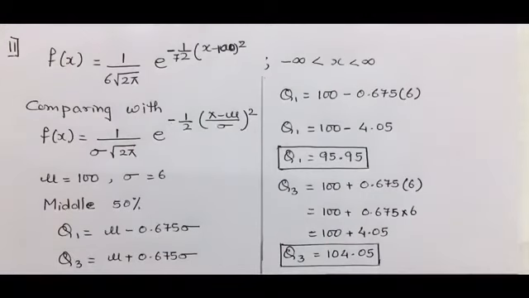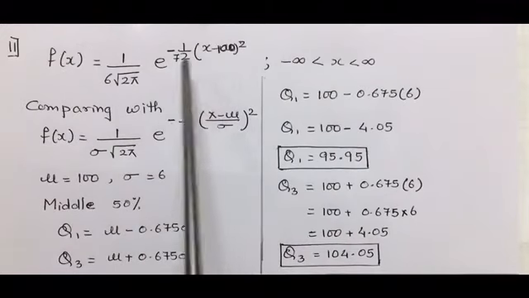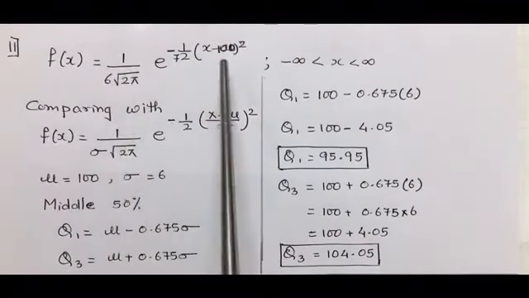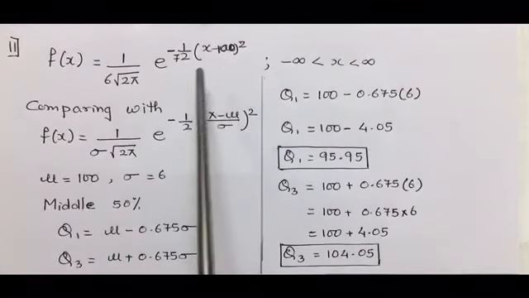When we have to calculate the limits of the middle 50% observation, we always calculate the value of Q1 and Q3. So, to calculate the value of Q1 and Q3, we need the value of sigma and mean, that is mu.